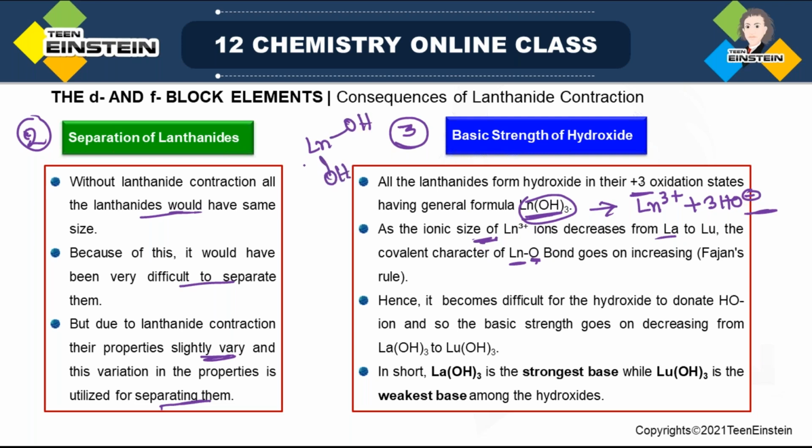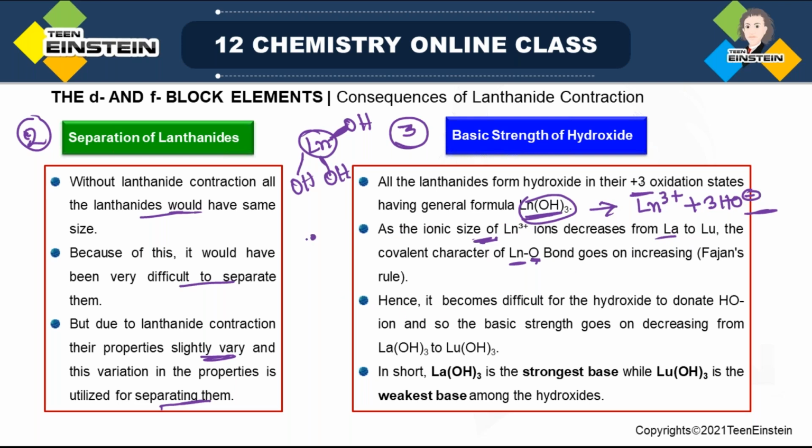Whether this bond is ionic or covalent also depends on the size of Ln3+. If the size of Ln3+ is very small, the charge density is very high. For different elements the size is different, but the charge is the same.